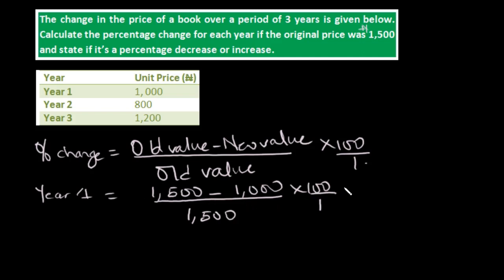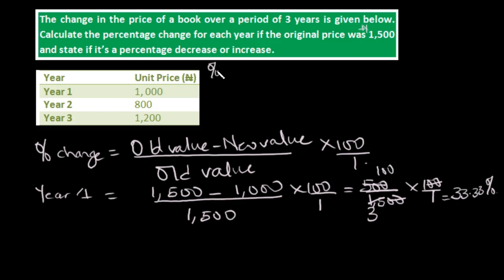So we have 500 over 1,500 multiplied by 100 over 1. 2 zeros cancel 2 zeros. 5 can go here in 3 places. 5 can go here in 100. So we have 100 over 3, which is 33.33%.